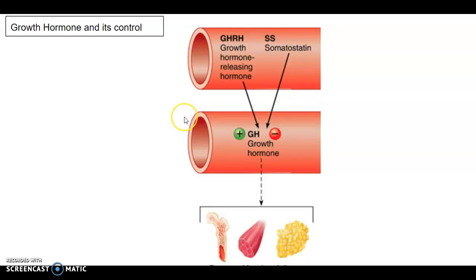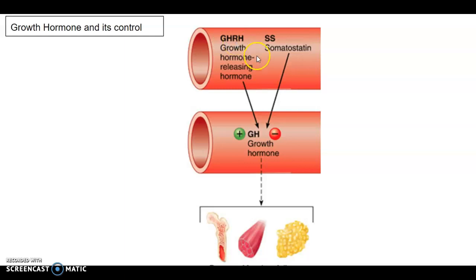GHRH. So here, if I ask for the growth hormone and I'll ask you, okay, which is the hormone that stimulates, which is produced by the hypothalamus, you will say growth hormone releasing hormone.